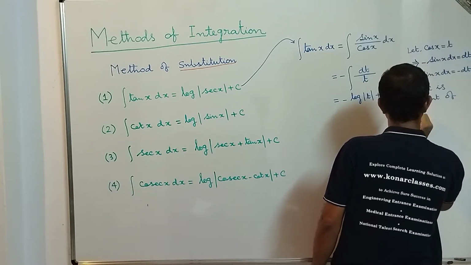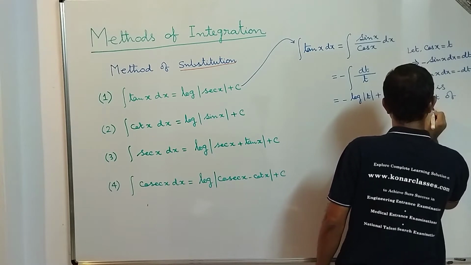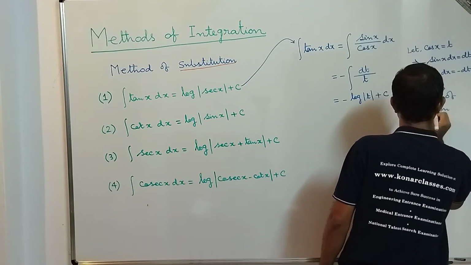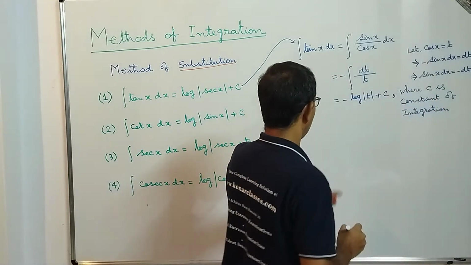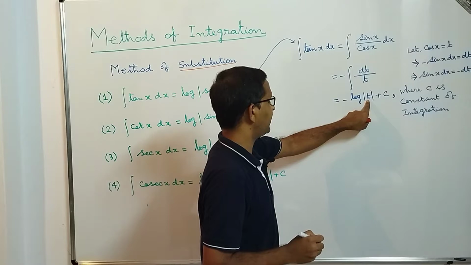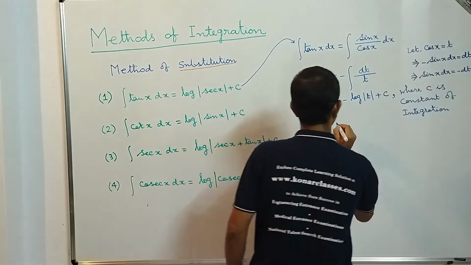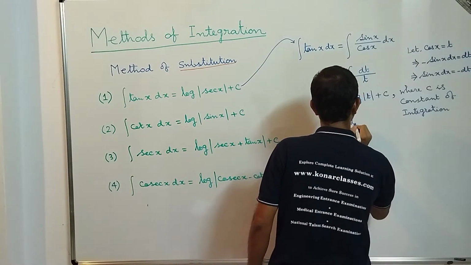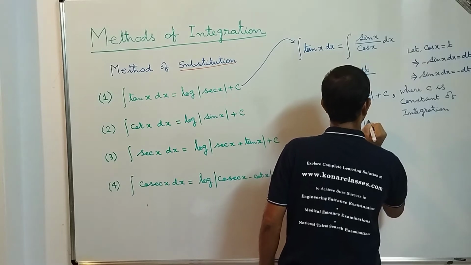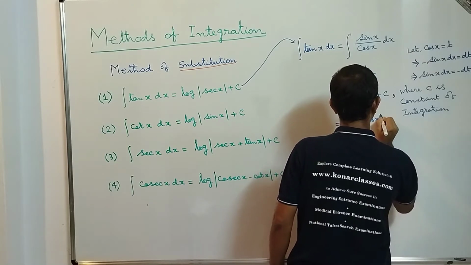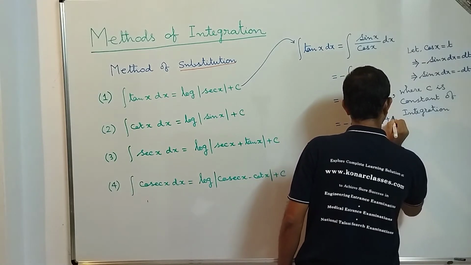Now we need to replace back the value of t. t is equal to cos x. So we get minus log mod cos x plus c.